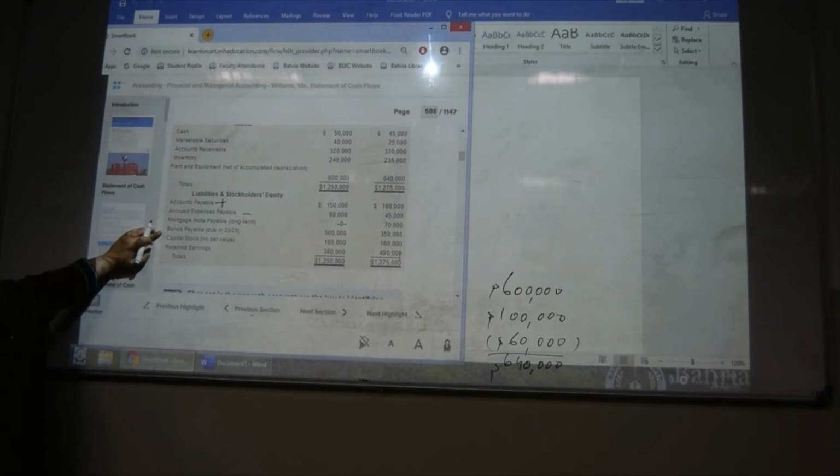And retained earnings. Now, capital stock remaining constant also implies that they have not issued any fresh stocks. And retained earnings would mean that either the net income has increased or that they have not paid any dividend.